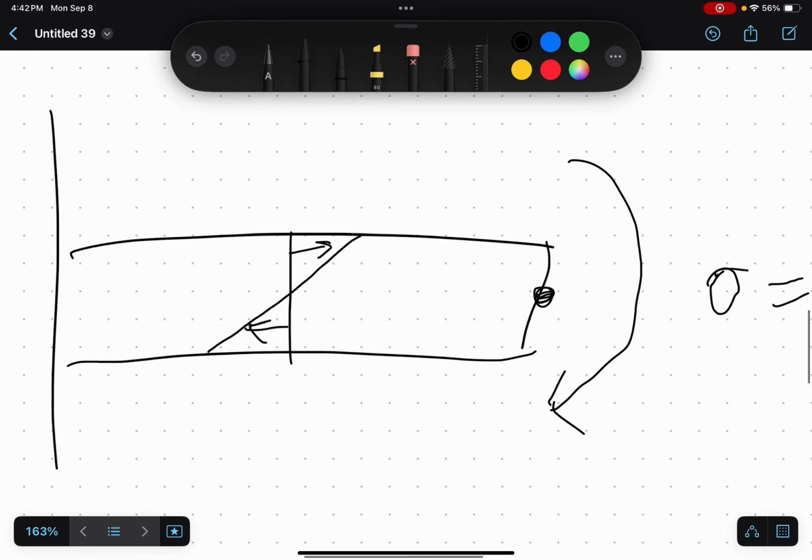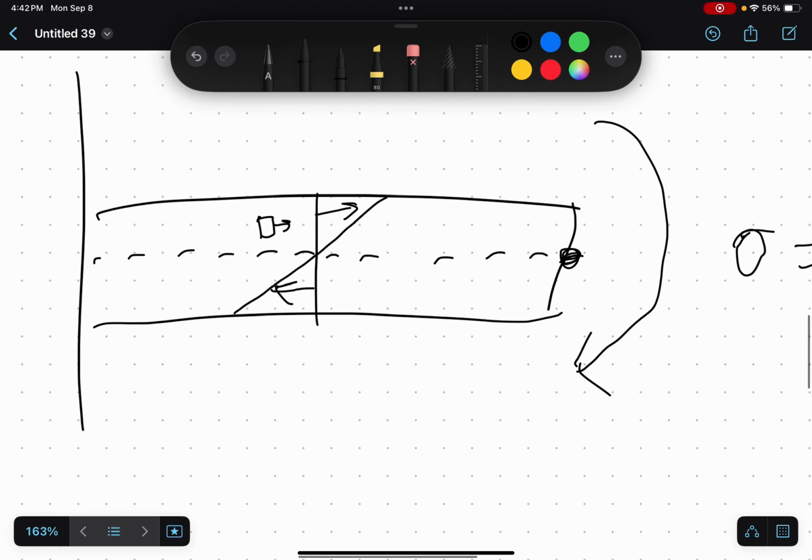So if your stress element is up here on the top half of the beam, it will have a normal stress pointing to the right. But if your stress element is on the bottom half of the beam, it will have a normal stress pointing to the left. If your stress element is right on the middle of the beam, it won't have any normal stress on it.